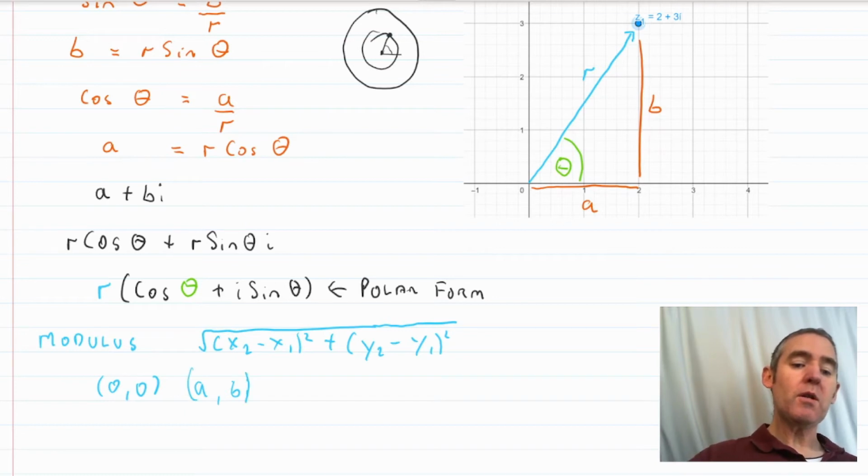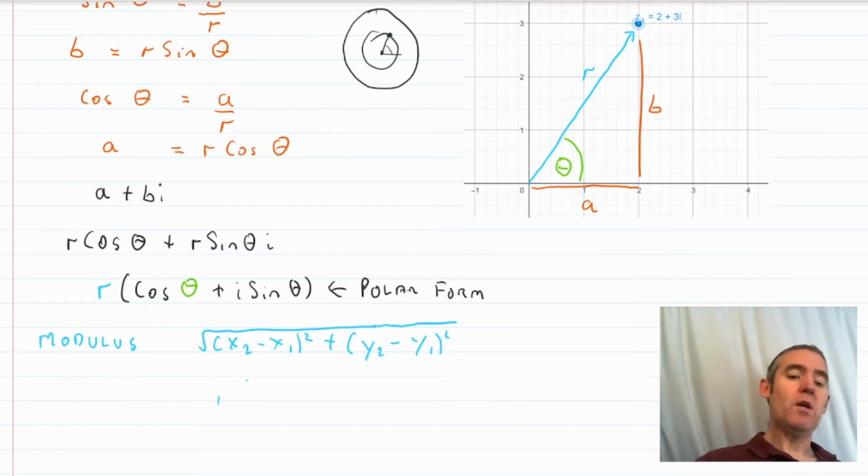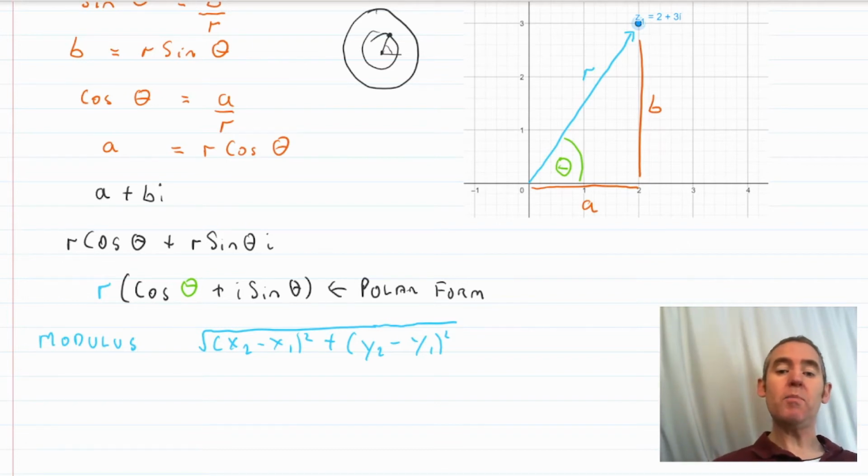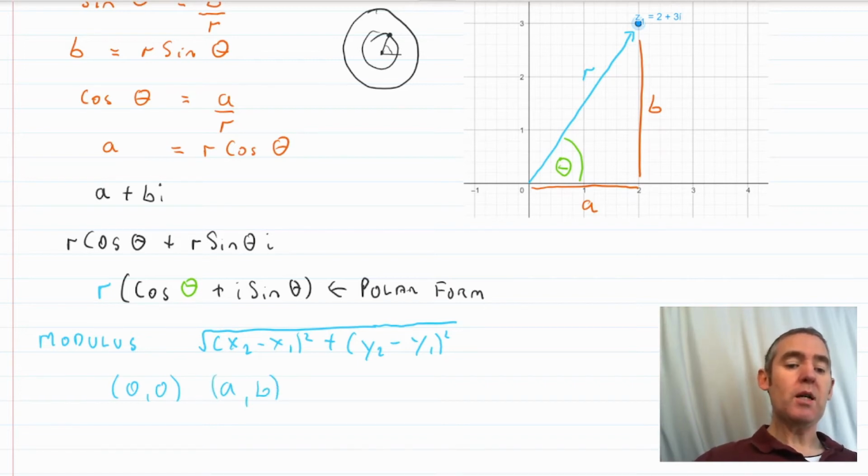So 0, 0 is one point and a, b is the other. We take 0, 0 to be x1, y1, and a, b to be x2, y2.